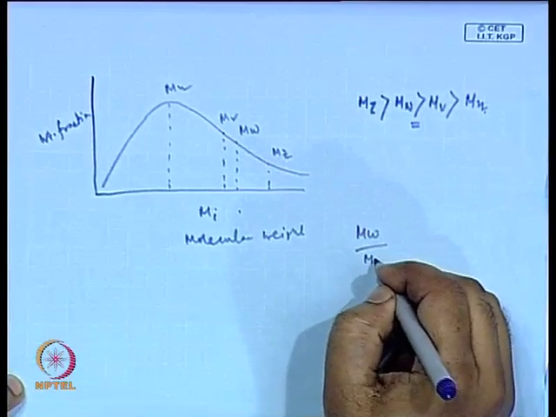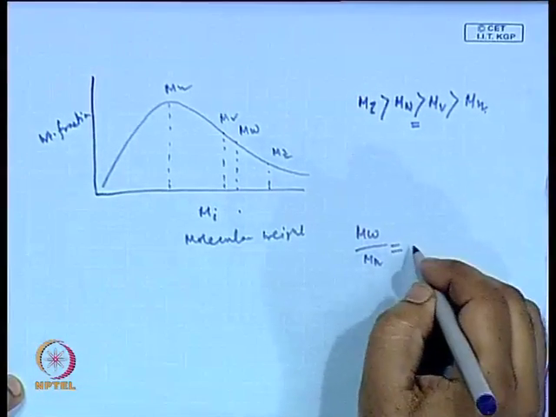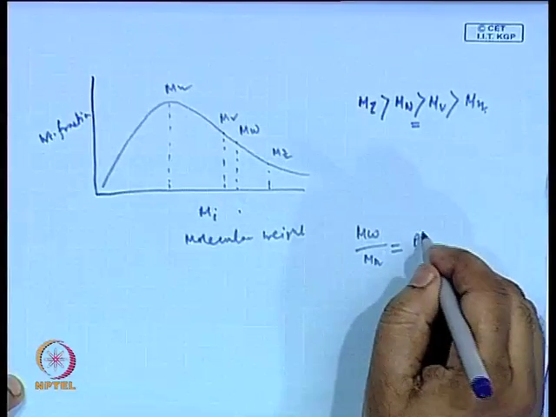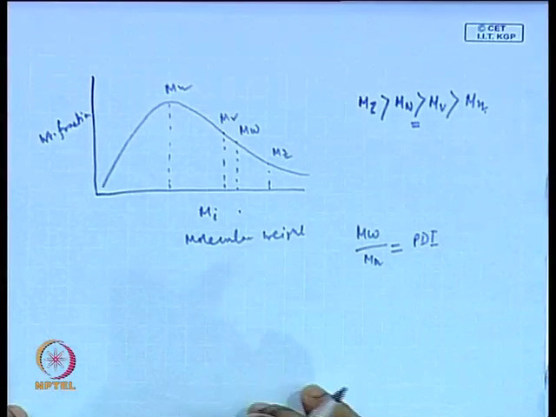And remember, Mw by Mn is PDI, polydispersity index.